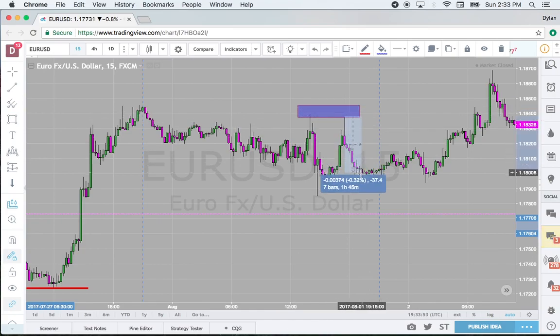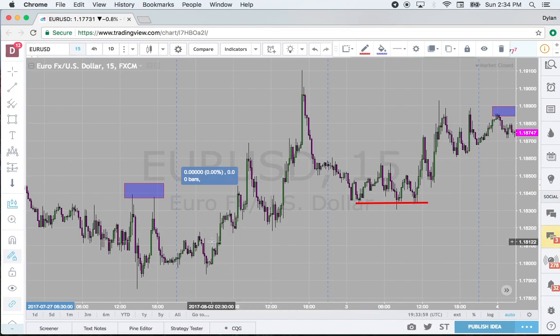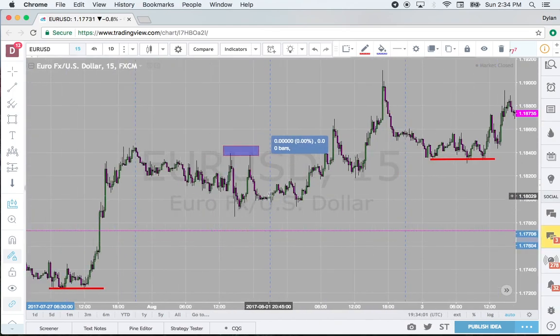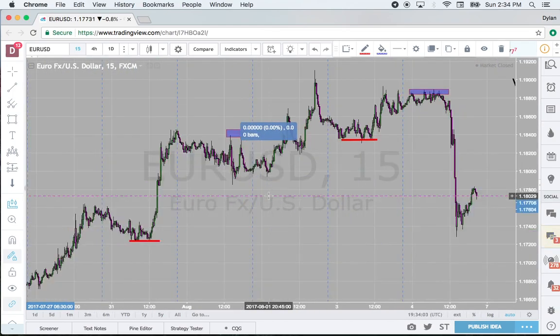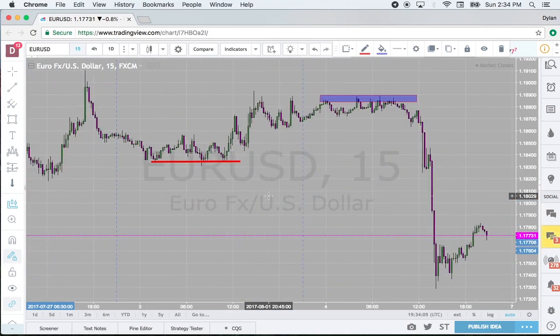You could have taken that for 30 pips and then closed out before session changeover with your 30 pips.